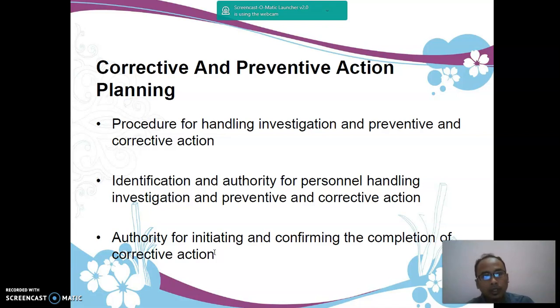Even though you have conducted a very good report and you have done a very good recommendation, if there is no implementation, and there is no check and balance in the implementation, then the effort to avoid the recurrence of similar incidents actually cannot be performed in a good way.